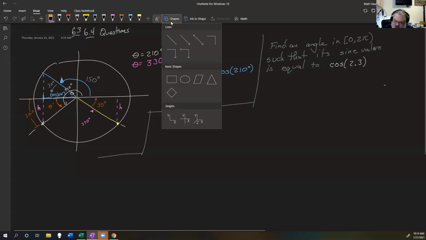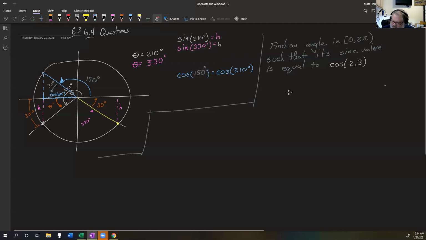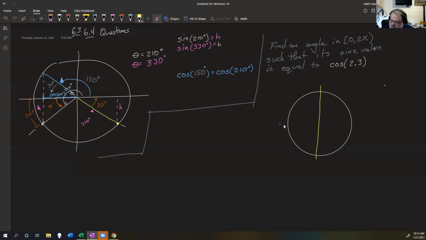I'll give you a minute to try to do that. Find an angle in that first rotation such that its cosine value is equal to the cosine of 2.3.